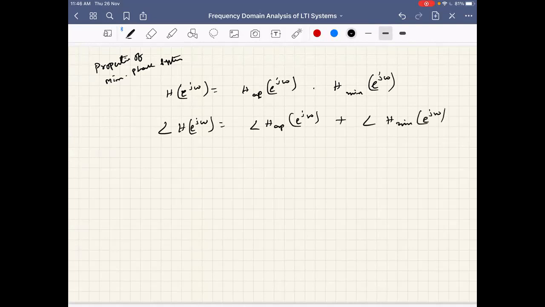Okay, and hence, see what will happen now. As we have seen, the angle of H_allpass(e^{jω}) is always less than 0 for a stable, causal all pass system.